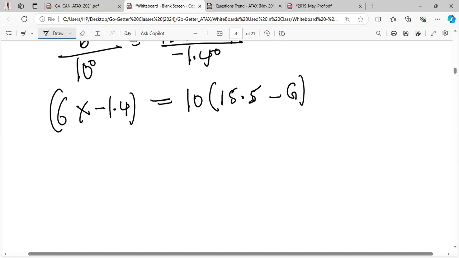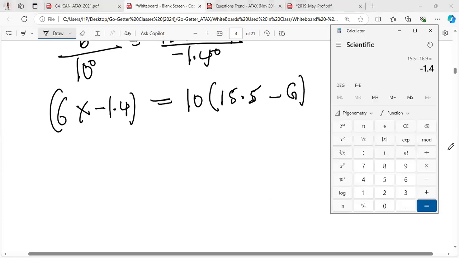So let's clear this out. Minus 1.4 multiplied by 6 gives us minus 8.4.